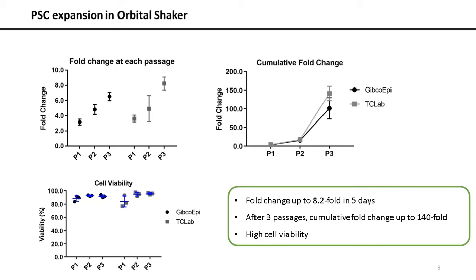This would lead, after 3 passages, which were 14 days, to a cumulative fold change of up to 140-fold, which is pretty good. But we did not want only the cells to be there, we want them to be healthy. So we tested if the cells remained viable, and we were able to have high percentages of cell viability for both cell lines for every passage that we tested.